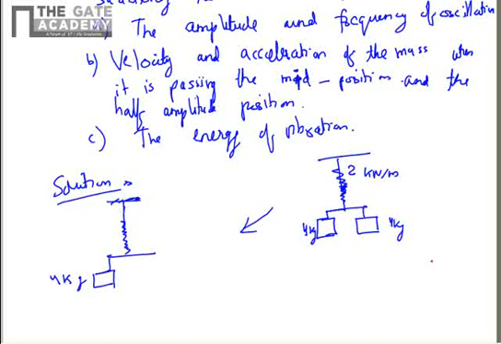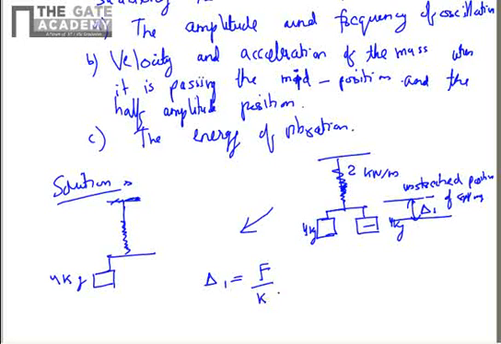Now if you see the static deflection in this case, let's say this is the position, and this is the unstretched position of the spring. In case 1, where both the masses were attached, let's say the static deflection was delta 1. So delta 1 will be equal to the force extending the spring divided by the stiffness of the spring.